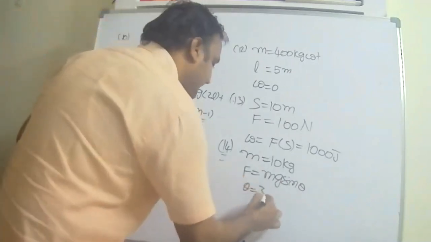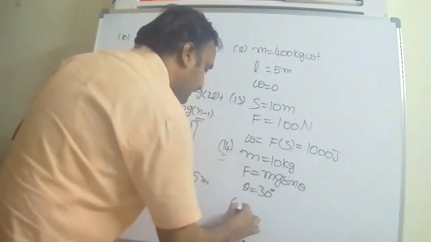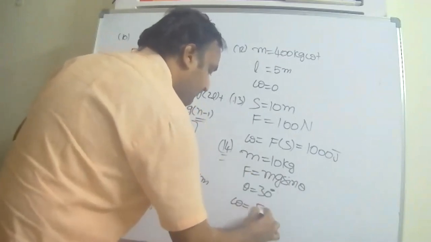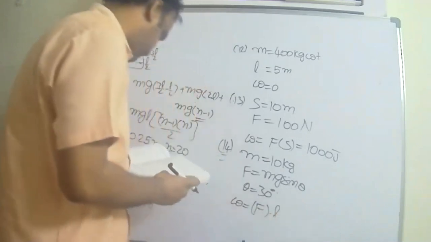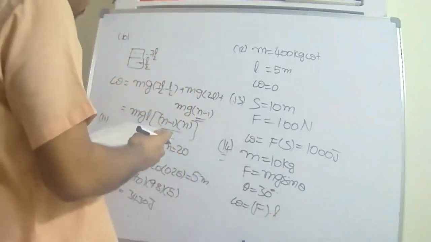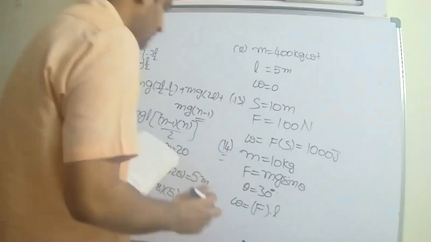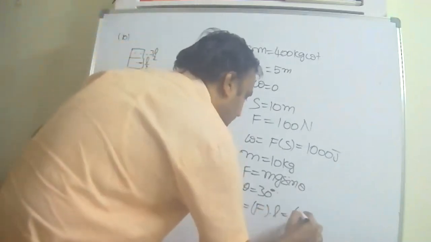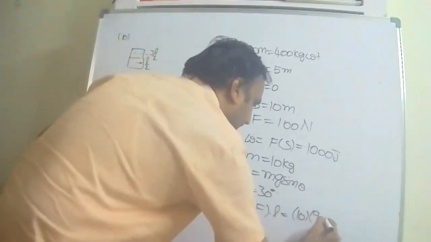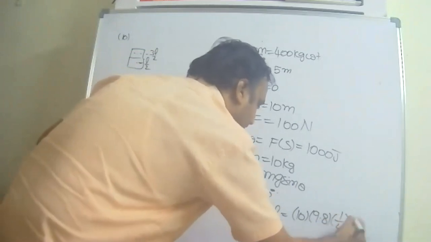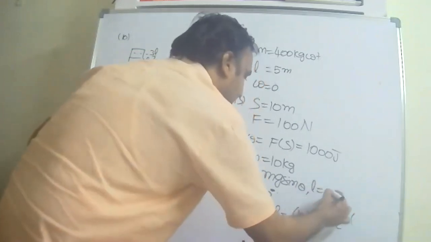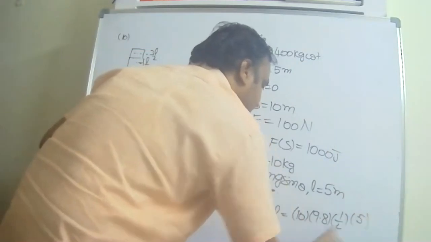Work done is equal to F into L, with length 5 meters. Work done is equal to 10 into 9.8 into sin 30, which is 1/2, into 5.